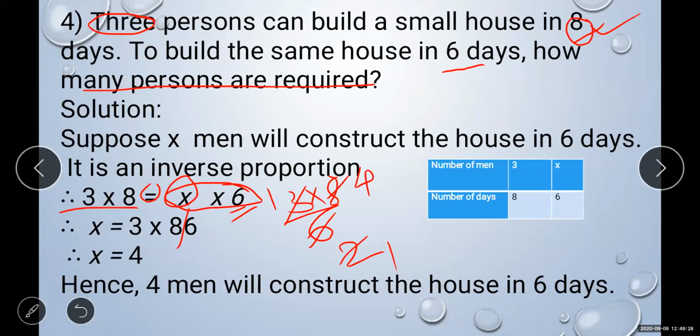So here the answer is 4. 4 persons will complete that work in 6 days. 4 men will construct the same house in 6 days. Whenever inverse proportion is there, we have to do this type of multiplication.